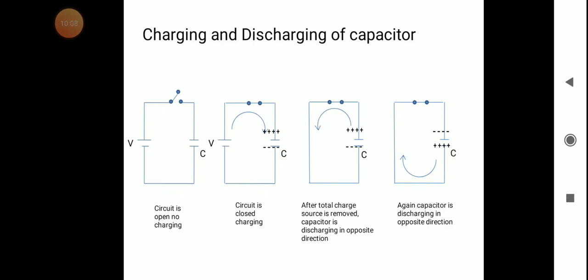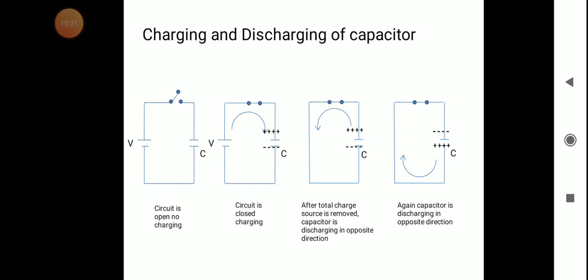After charging, the charge source is removed. The applied voltage is removed. Now the capacitor is discharging in the opposite direction. Whenever we use the applied voltage, the total energy is stored as charge in the capacitor.